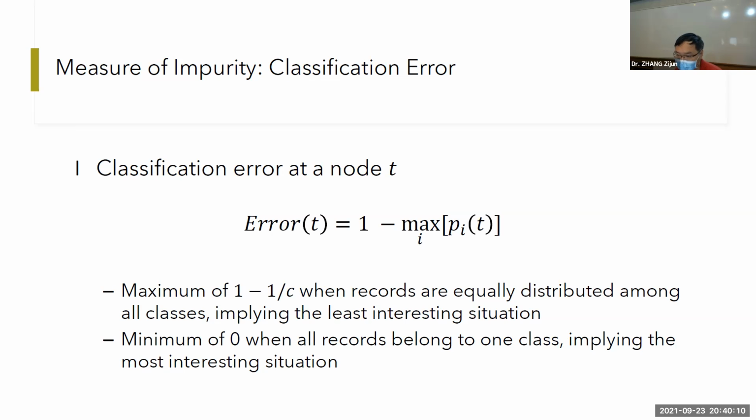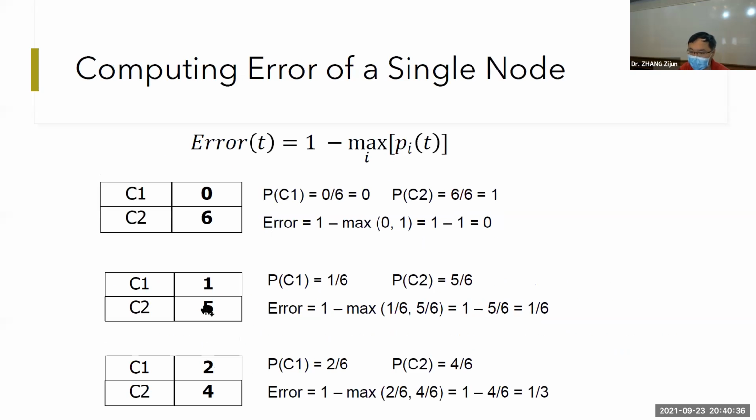In the most impure scenario, its maximum is equal to 1 minus 1 over C, if the records are equally distributed among all classes. And such an error will be equal to 0 when all records belong to one class, implying the most interesting situation.